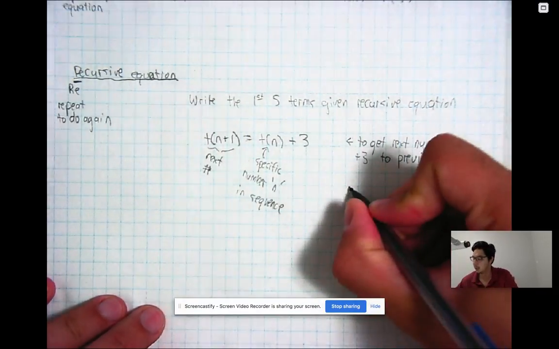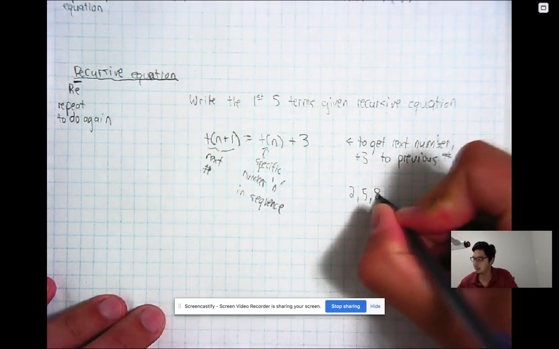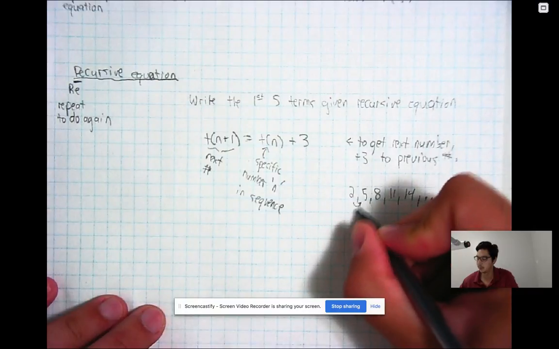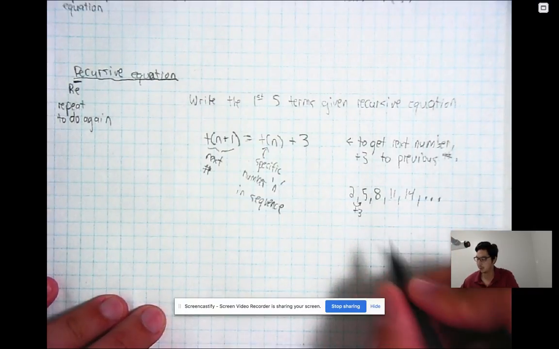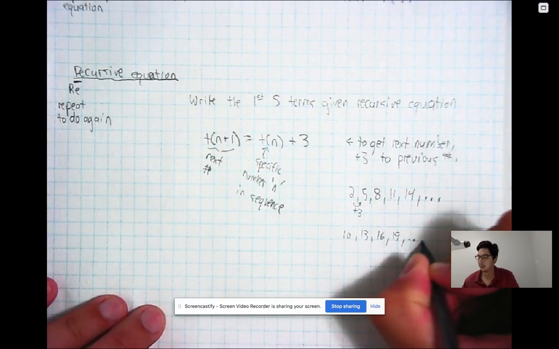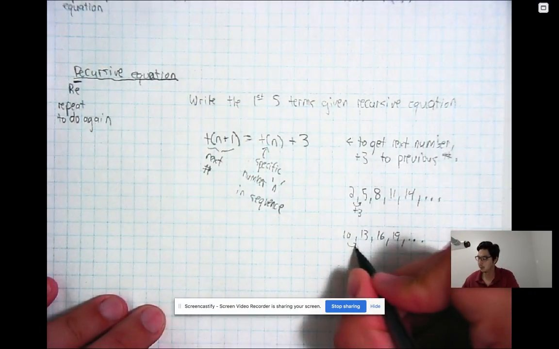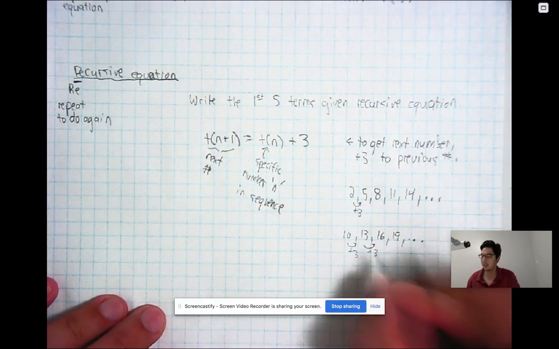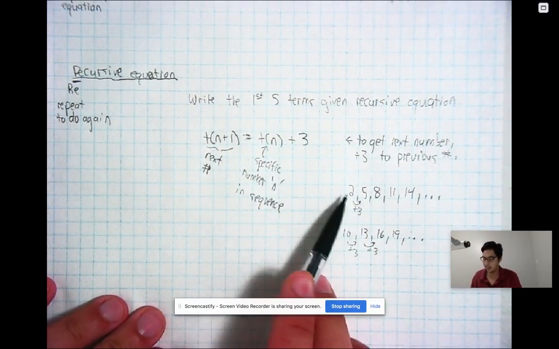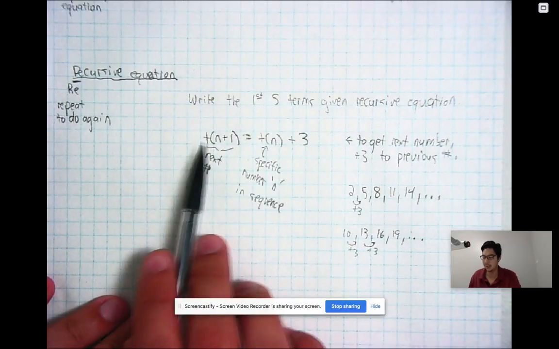You could write 2, 5, 8, 11, 14, because that's adding by 3. You could write 10, 13, 16, 19. That one's adding by 3 too. So there's a lot of answers there. Which one is it? For that reason, this is not enough information.